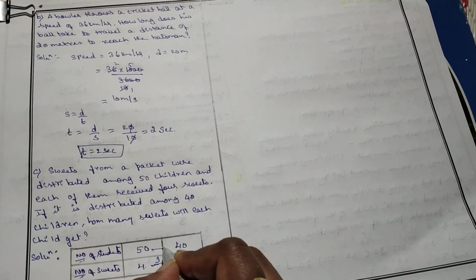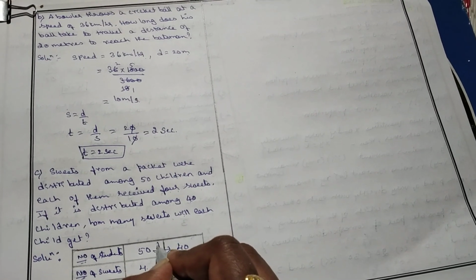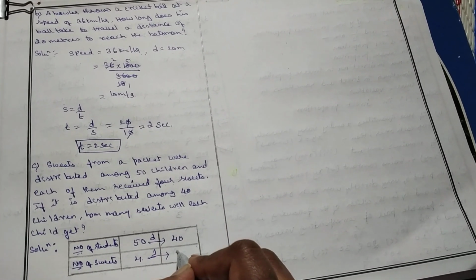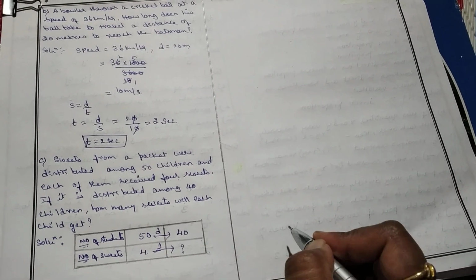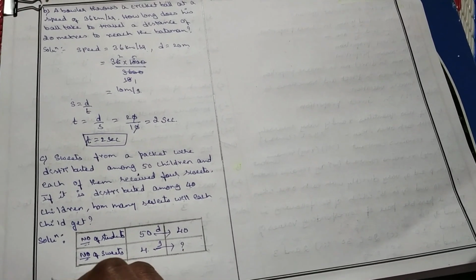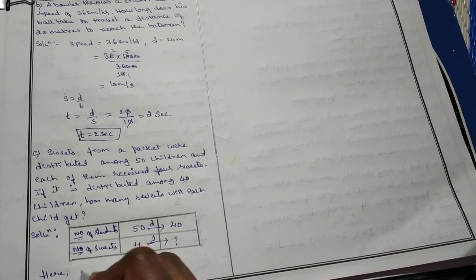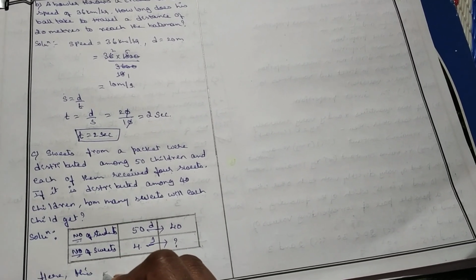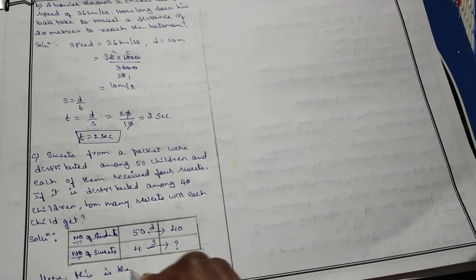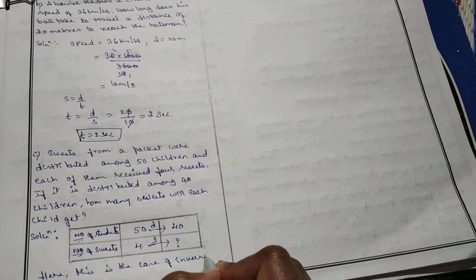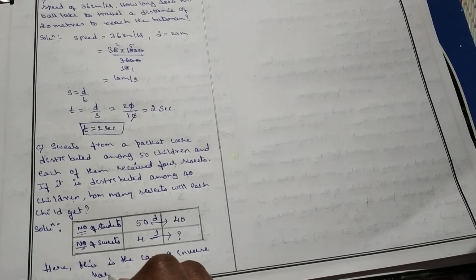Here the number of students decreased and the number of sweets received by each child increased. One decreasing and the other increasing is nothing but inverse variation. So this is the case of inverse variation.